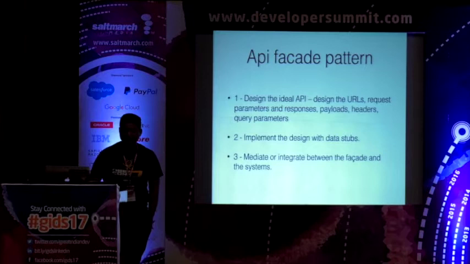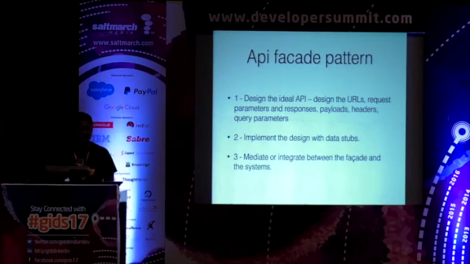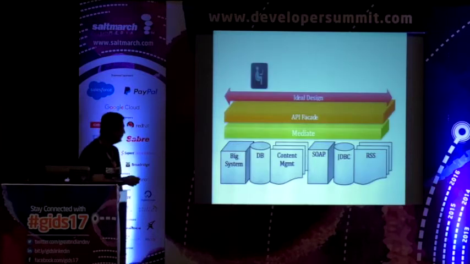But what you're trying to do is find out what the ideal design is, find out what your data looks like, and mediate all these parameters. Mediate means all the security, all the logging and other things can be put into this particular format. So you have the ideal design, and then you have an API facade based on it.